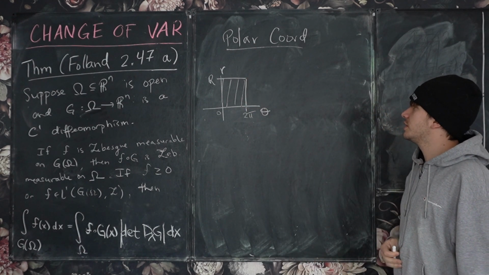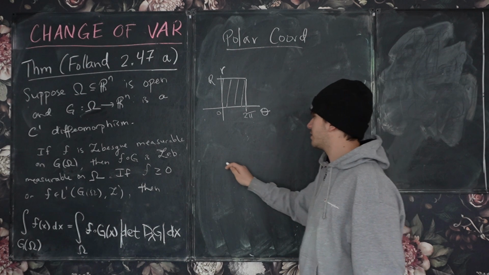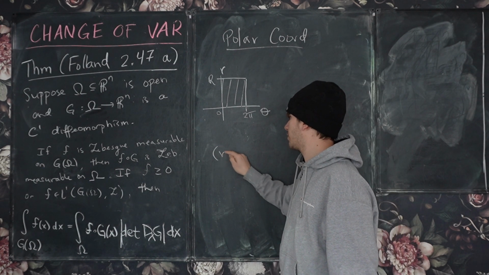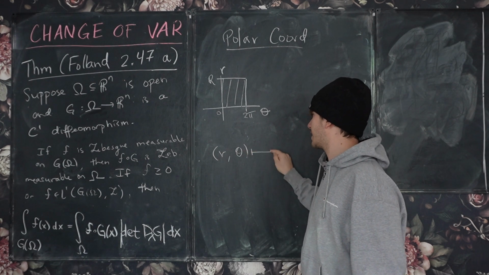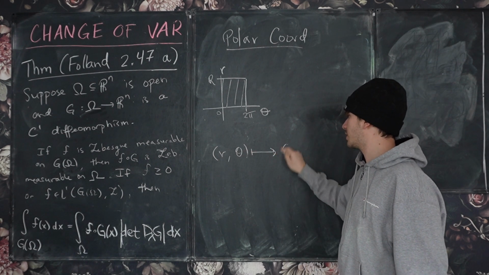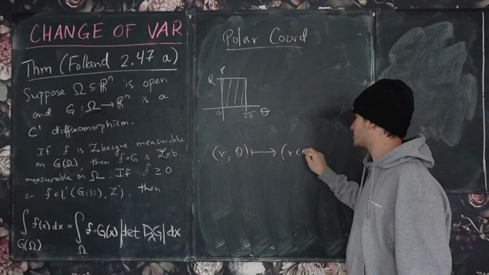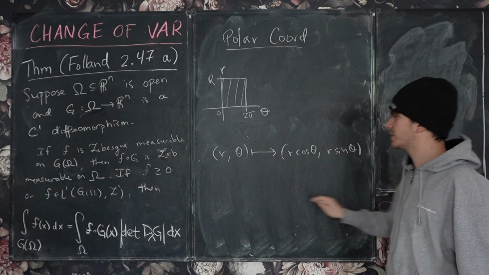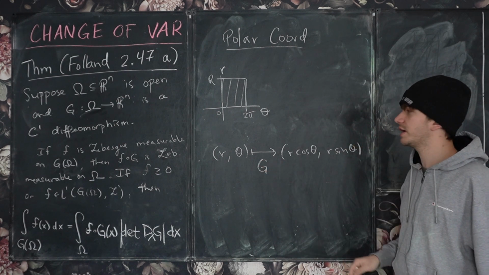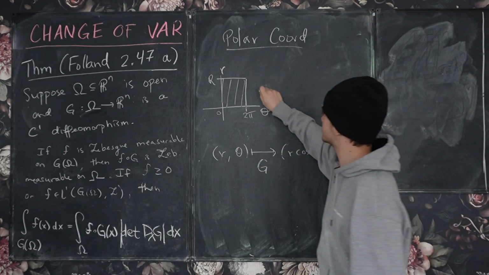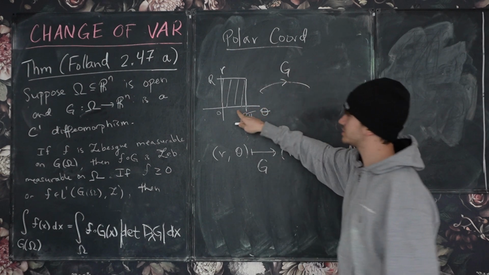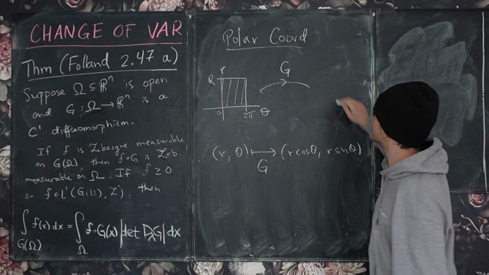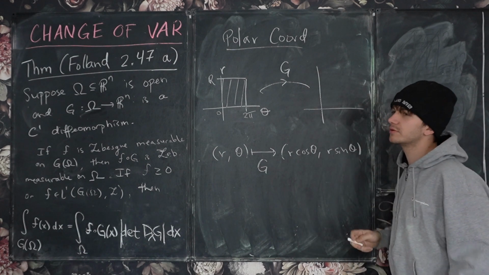The idea is that if I define this g to be the map that sends r theta to r cosine theta, r sine theta, then what g is going to do is map this box into what? What will the image be?